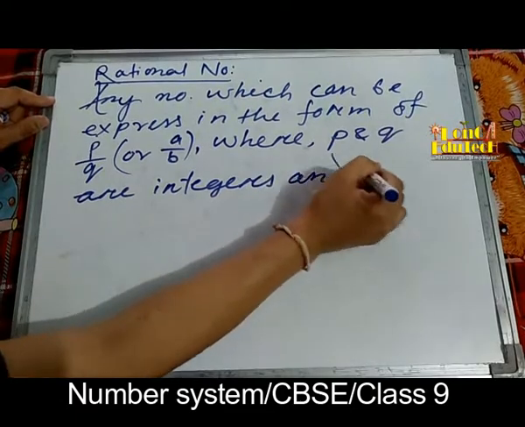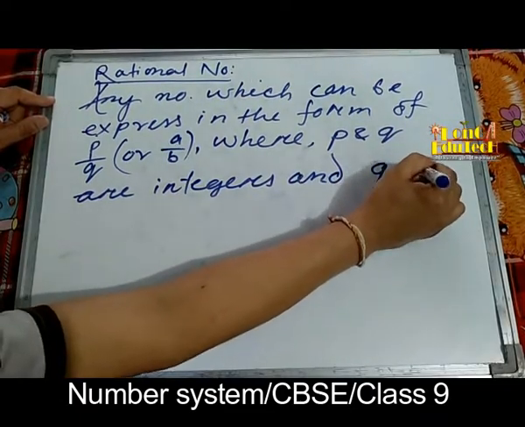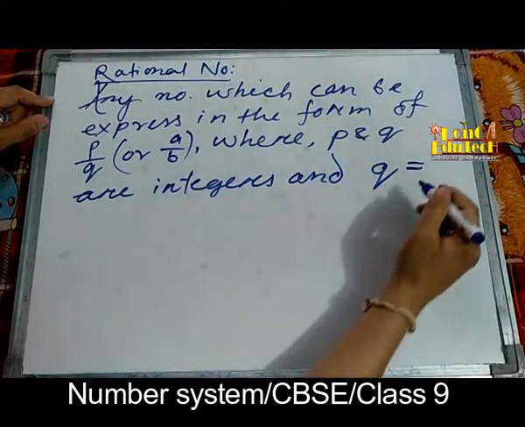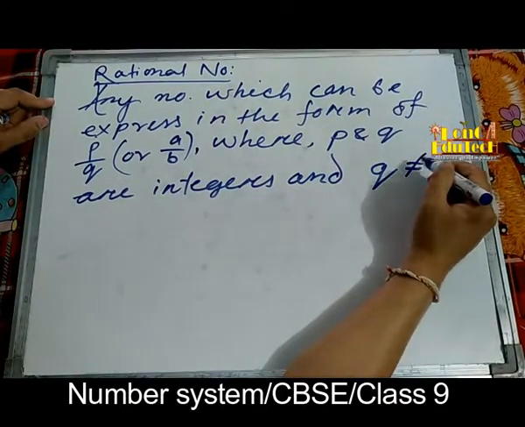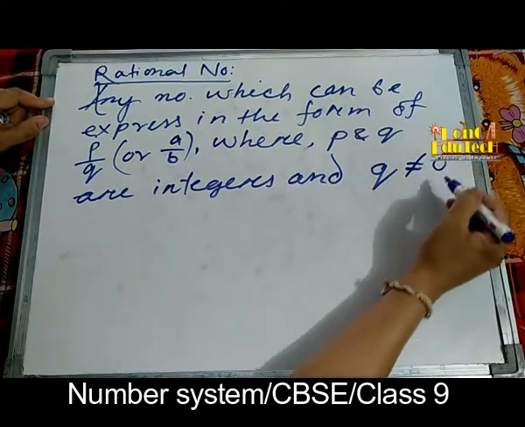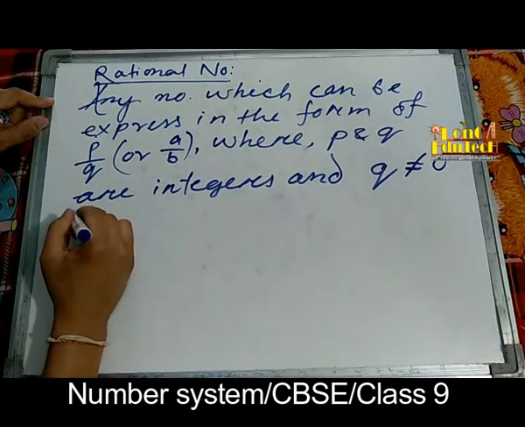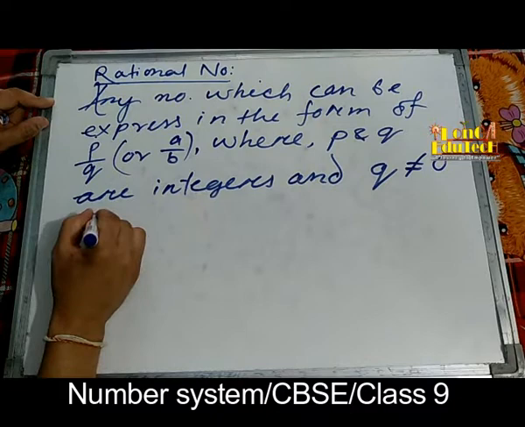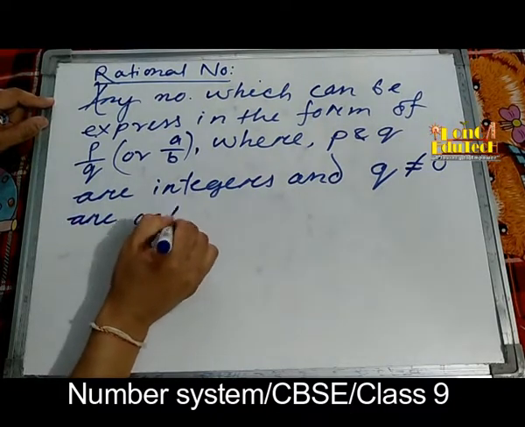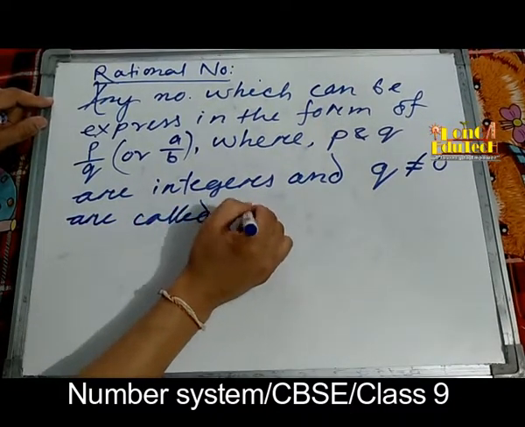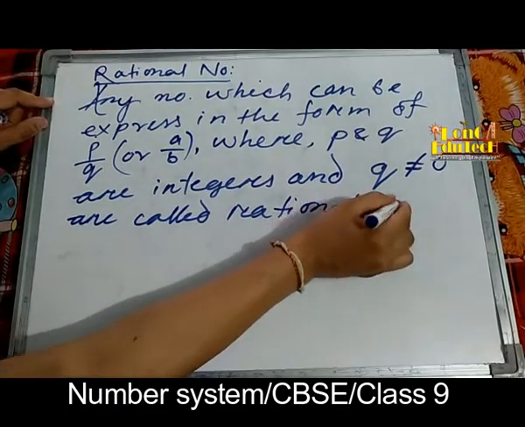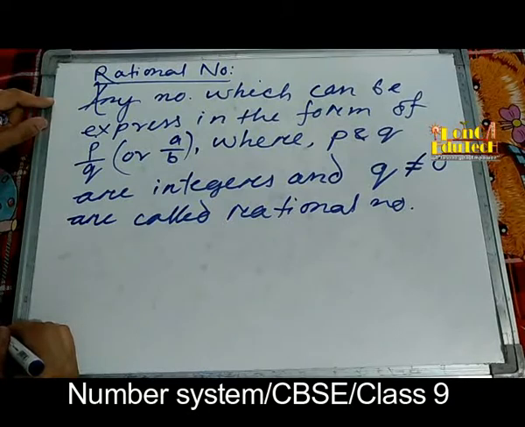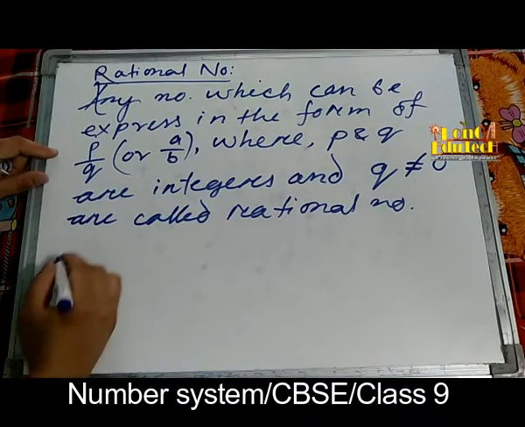and Q is not equal to 0. This is called a rational number. Here we have to know the examples.